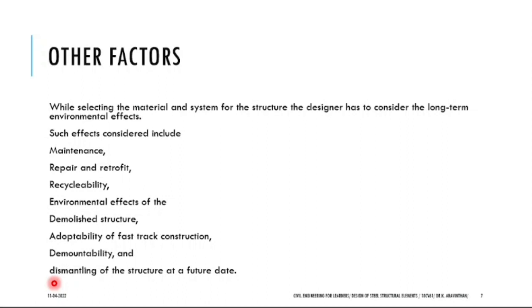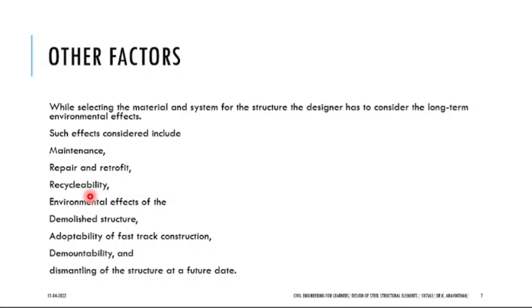While selecting a material for a structure, the designer has to consider the long-term environmental effect, which includes maintenance, repair and retrofit, recyclability. Why they prefer steel structure is that steel structure has the component of recyclability. What do you mean by that?